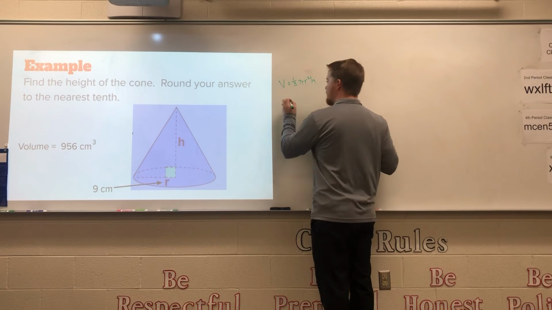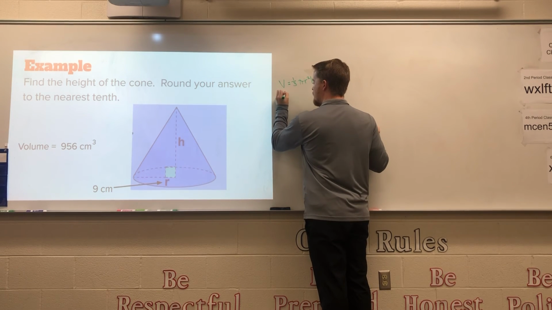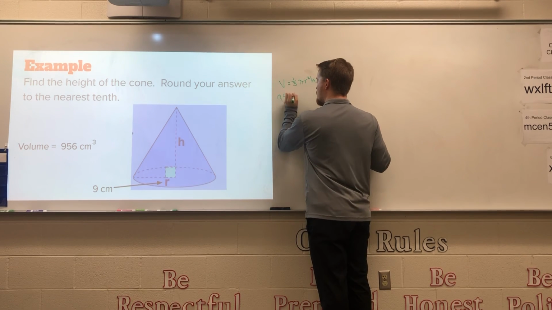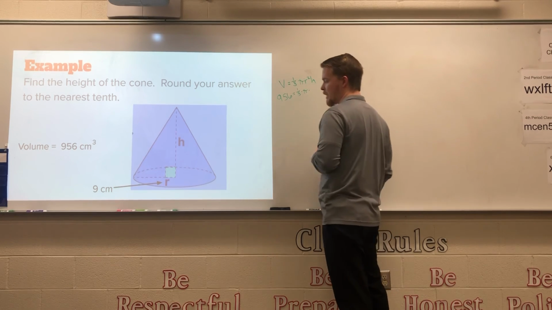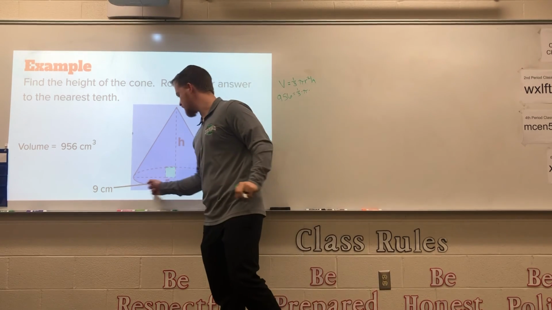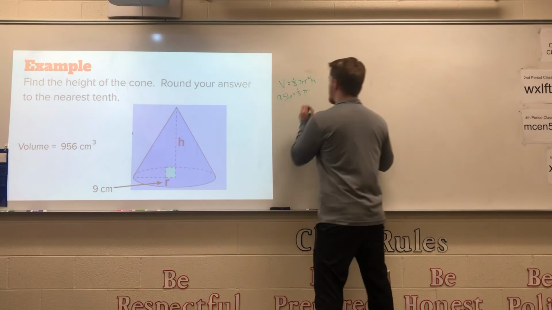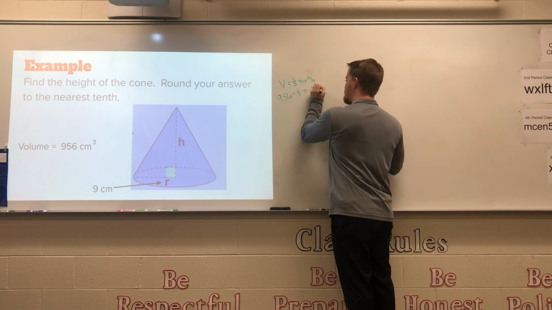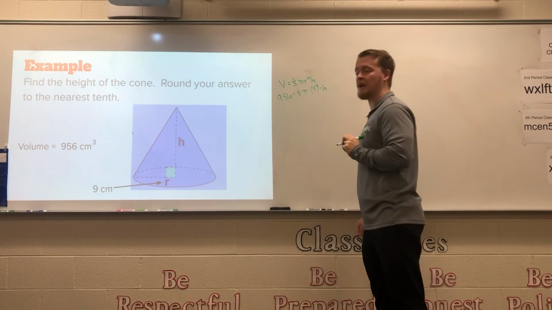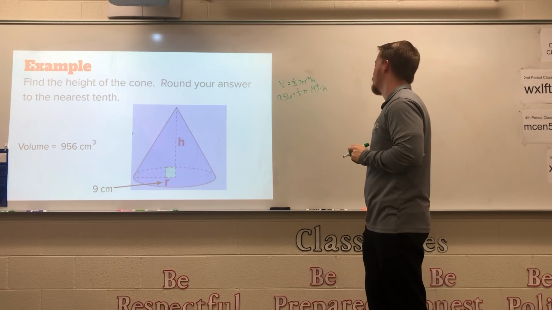We know the volume is 956 equals 1/3 times pi times, do we know the r? Yes, we do. It says r is 9 centimeters. So I plug in a 9 for r, and that's squared, times h, because we do not know what h is. That's what we're finding.